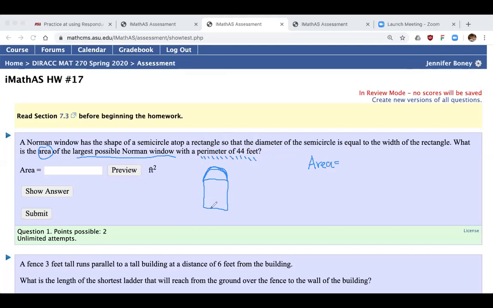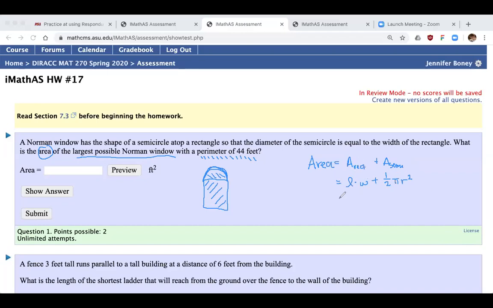But if I wanted to find the area of this, I'd find the area of the rectangle and the area of the semicircle and add them together, right? So area of a rectangle is, I'm just going to write length times width, and the area of a semicircle would be 1/2 pi r squared.